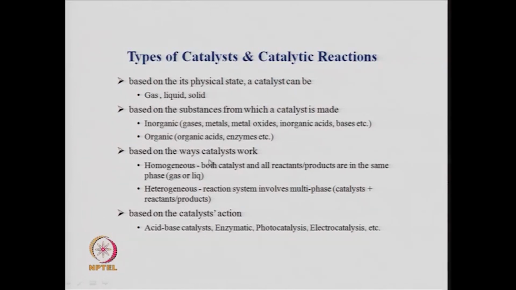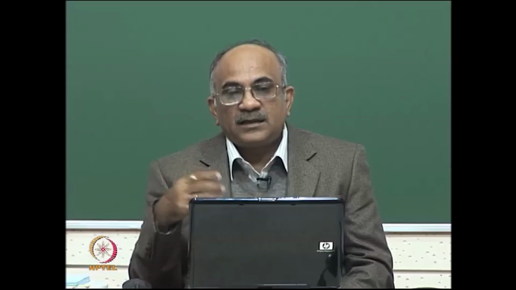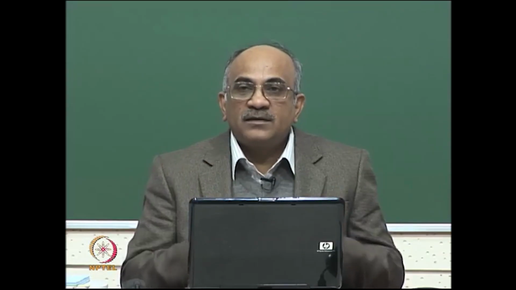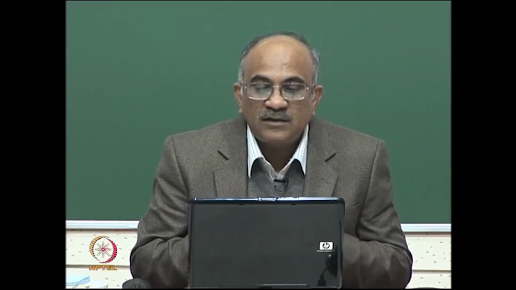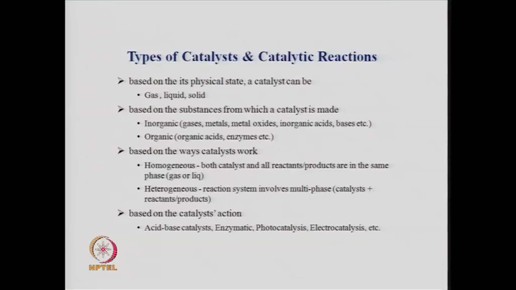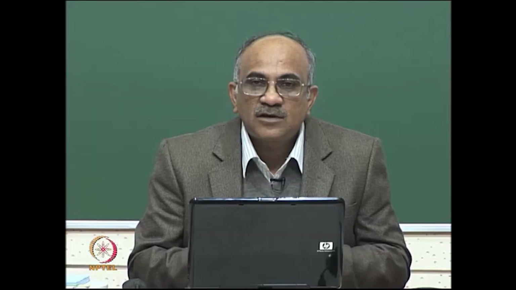Now, depending on how the catalyst works, whether it works in solution with another ion or in a solvent where it is miscible, then you call it a homogeneous catalyst. Similarly, in the gas phase, if the catalyst is a gas and the reactants are gases, that is also a homogeneous catalytic process.